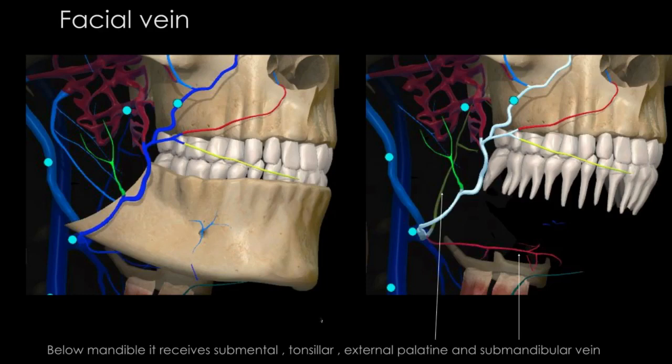So here you can see another image of the facial vein. In this image, the mandible is removed to expose the floor of the mouth region as well as the hyoid. So below the mandible, there are four other veins that drain to the facial vein, which are the submental vein in this region, the tonsillar vein, which is not shown in this picture, the external palatine vein, which is colored yellow, and the submandibular vein.